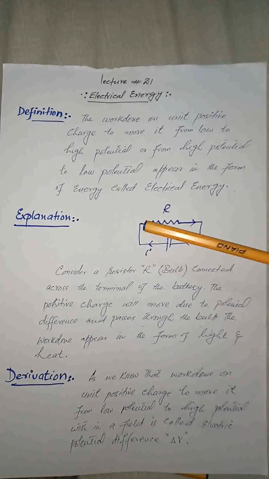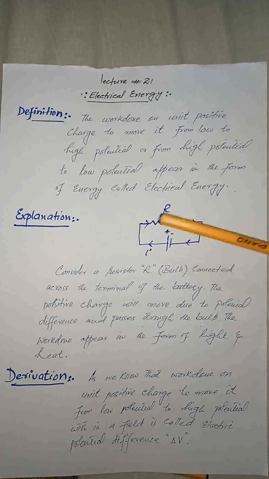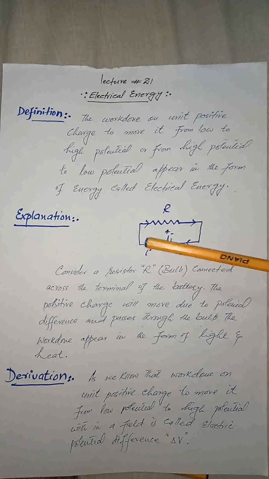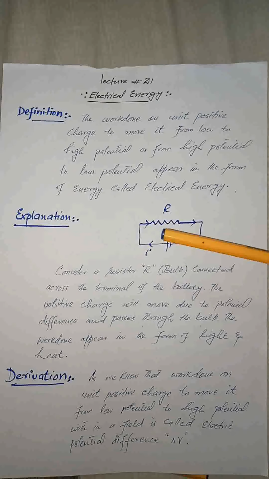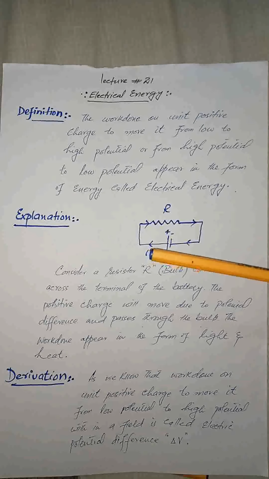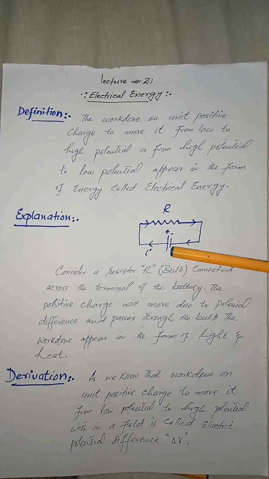When these charges are moving, the charge undergoes displacement. So force is applied on the charge, causing displacement. Where there is force and displacement, work is done. But this work is done on the charge by the source or battery.